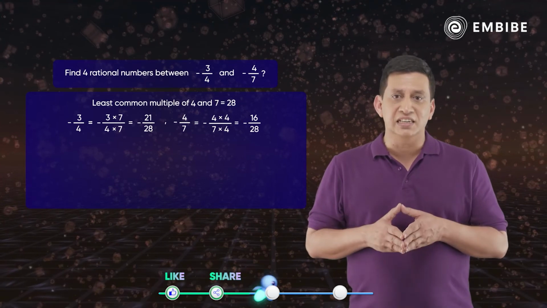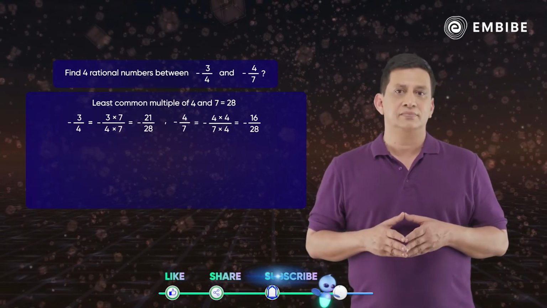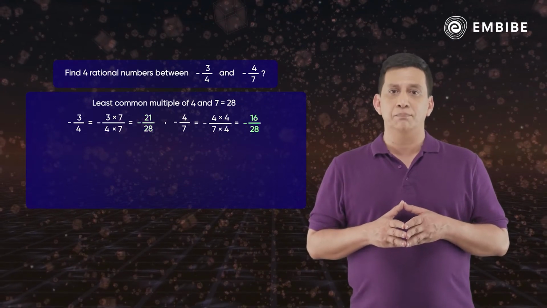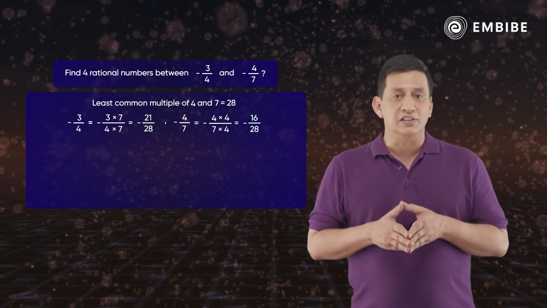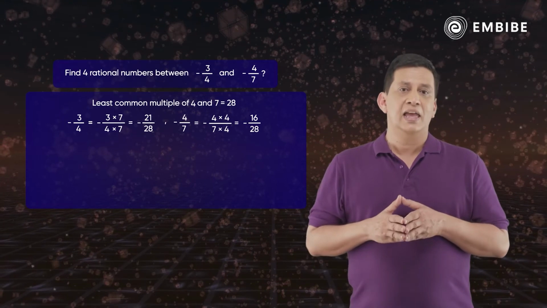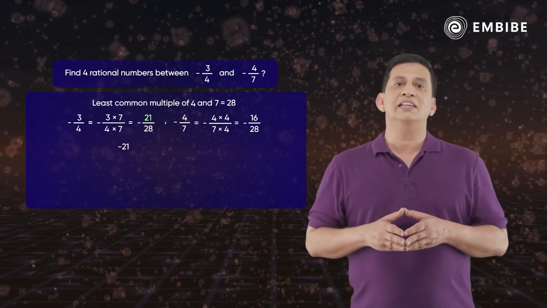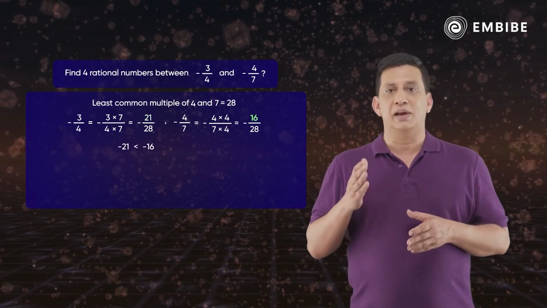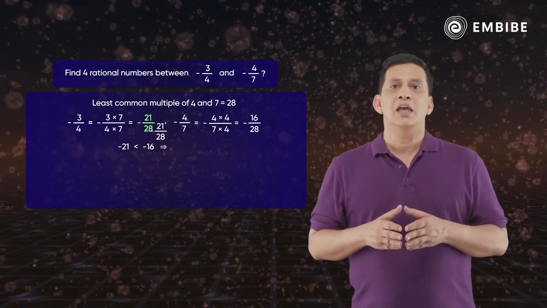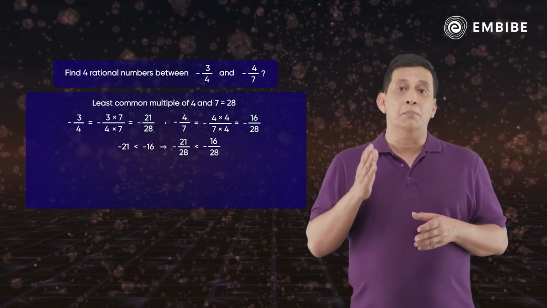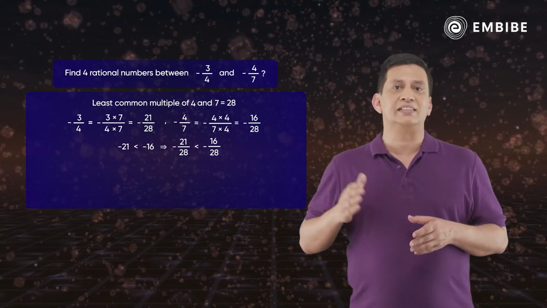minus 16 by 28. Comparing the numerators in order to compare the two rational numbers minus 21 by 28 and minus 16 by 28, we have minus 21 less than minus 16. Hence, minus 21 by 28 is less than minus 16 by 28.